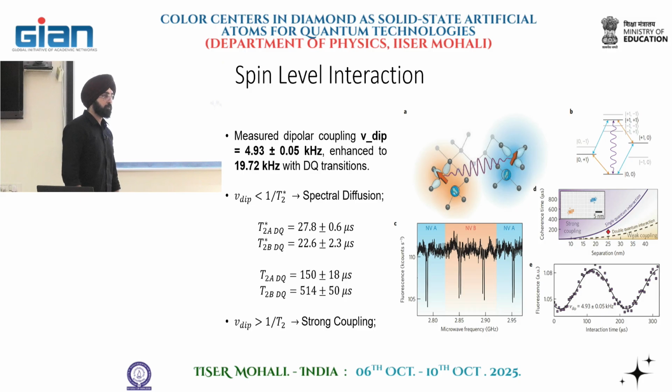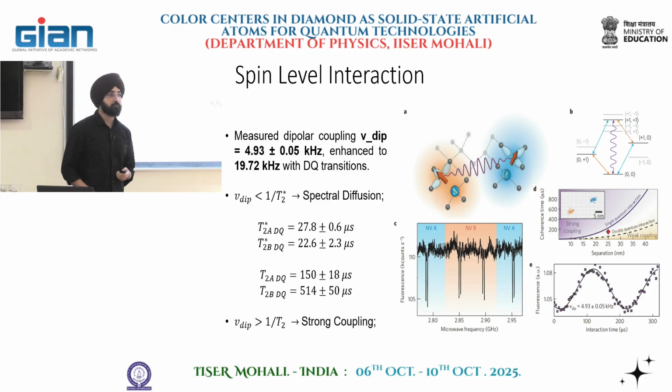What we can do here is apply the technique of refocusing the spins that will nullify any local noise that has been introduced to the spin level due to stray magnetic fields or paramagnetic impurities.